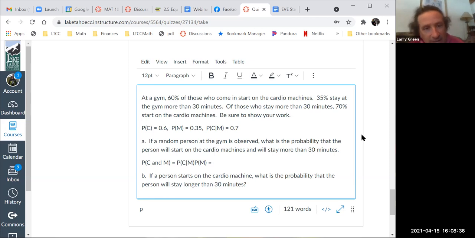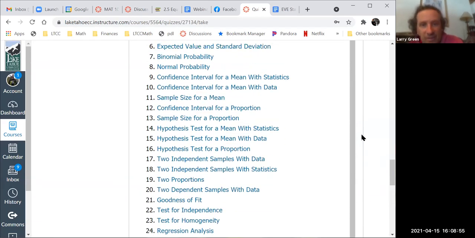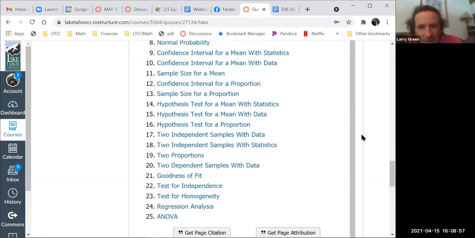And the good news is we have these. That's 0.7, let's write in parentheses, times the probability of M, which is 0.35. And I did give you this calculator in case you need it.